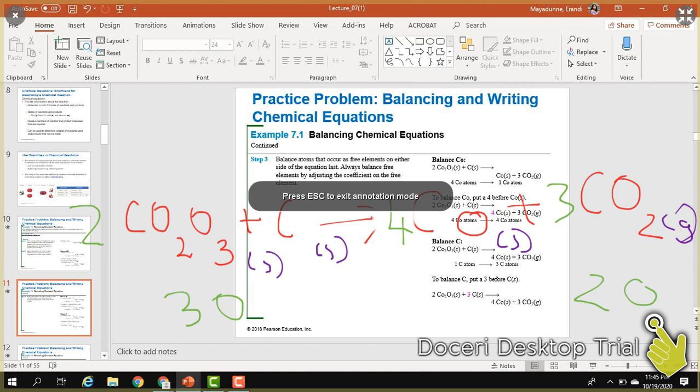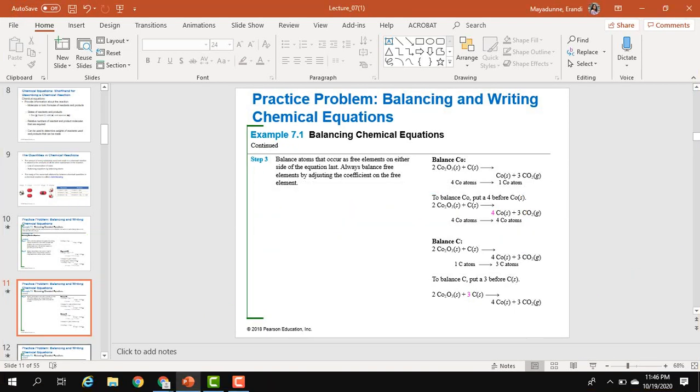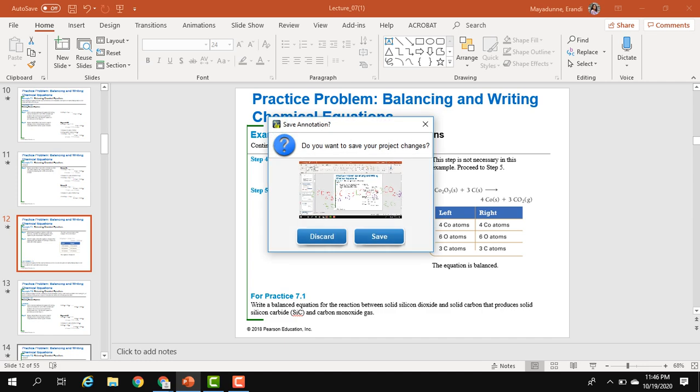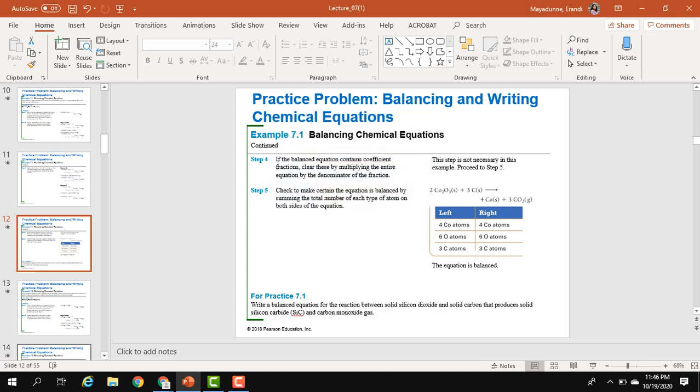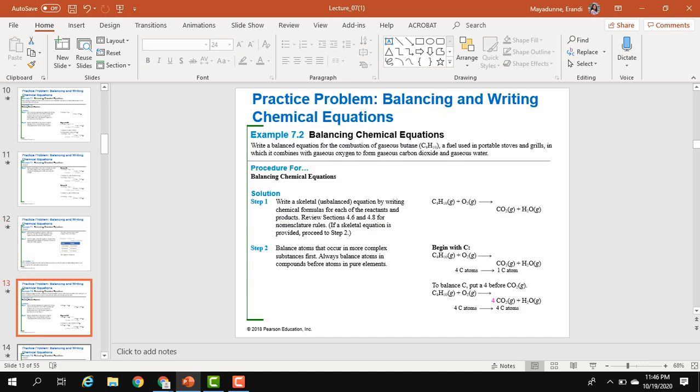Let me go to the other one very fast. This is how you balance the equation. I'm going to show you balancing another equation, which is given gaseous butane reacting with oxygen. You don't have to know how to write butane. This particular reaction we call combustion.